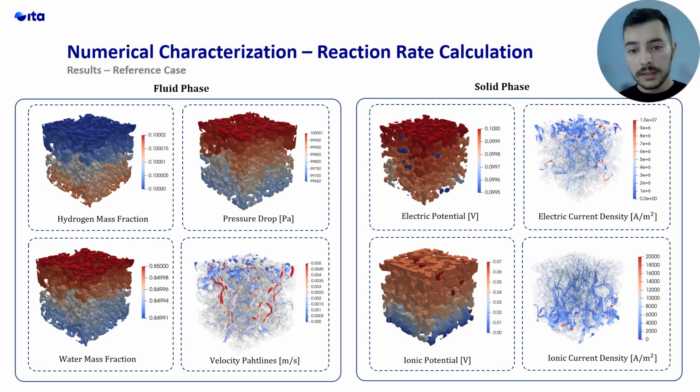On the other hand, for the solid phase, we have the electric and the ionic potentials, where, for example, we can identify isolated nickel and yttria phases. We also have the electric and the ionic current densities inside this microstructure. In this case, it can be seen that the electric current, the electrons, are going through the microstructure from the top to the reaction points, and the ionic current is being generated in these triple phase boundary points, and this current is going to the electrolyte.